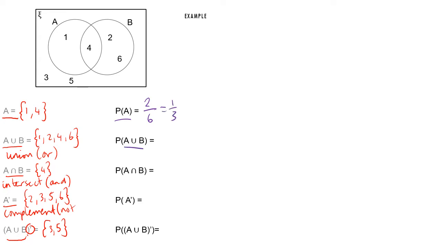So the probability if we picked a number at random that it'd be at the union of A or B, well, we've already seen over here there's 4 numbers out of 6, and again we can simplify it. So using the work we've already done on the left makes that really nice and straightforward.